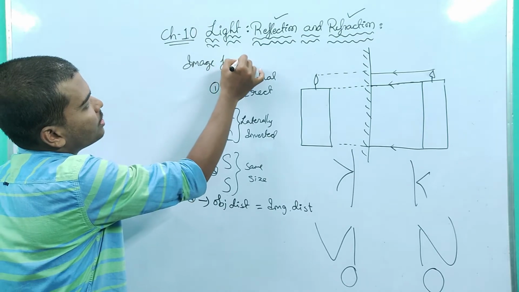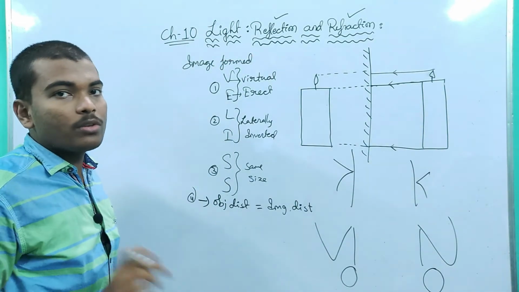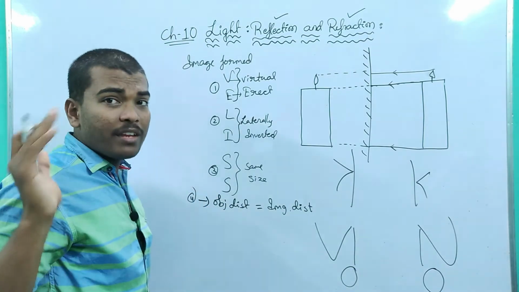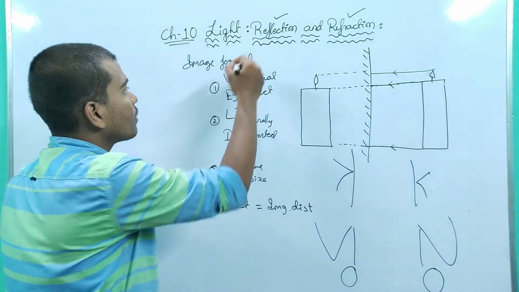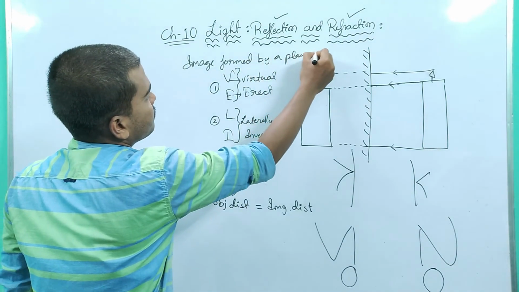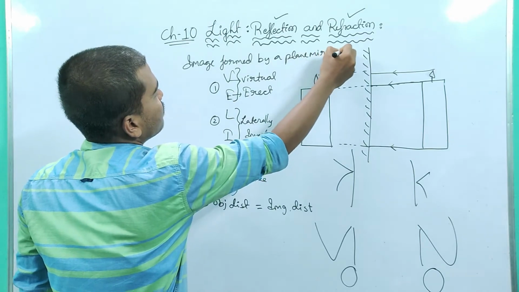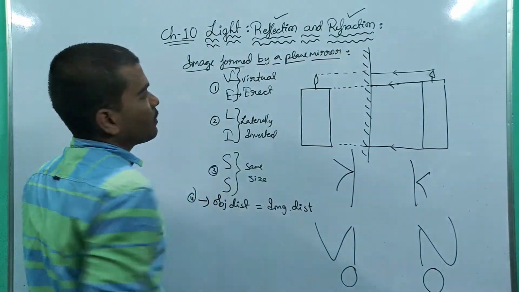Though this question holds only some importance, you should remember the points because it may come, and it will be very bad if you leave this one out. So these are the four characteristics we have discussed of the image formed by a plane mirror.